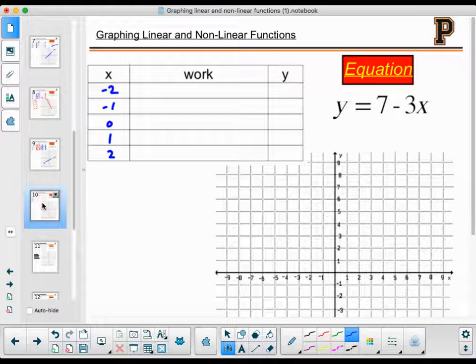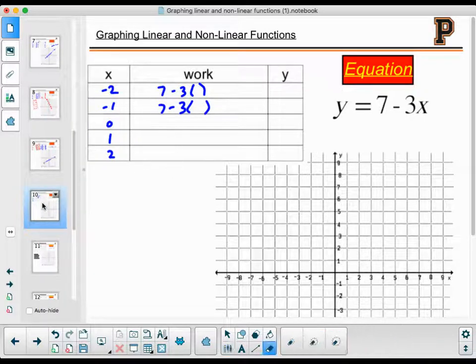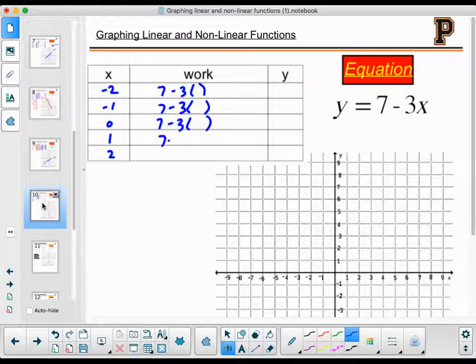All right, let's do the math on this now. So we got 7 minus 3 times a number, 7 minus 3 times a number. Plug in my values. I got -2, -1, 0, 1, and 2.